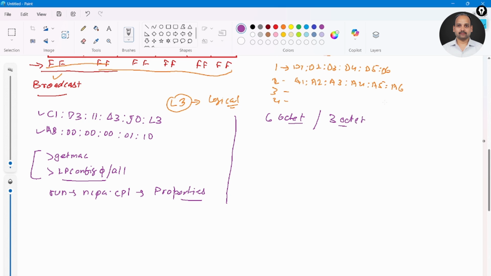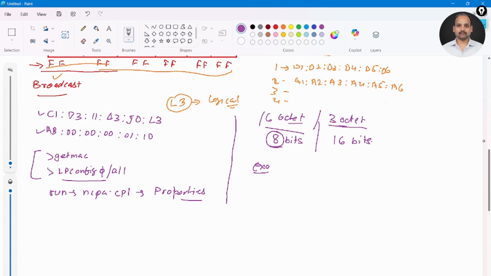If they are going to use 6 octets, one octet will be a maximum of 8 bits, and if they are going to use 3 octets, it can be 16 bits. I am just giving you two examples for both.